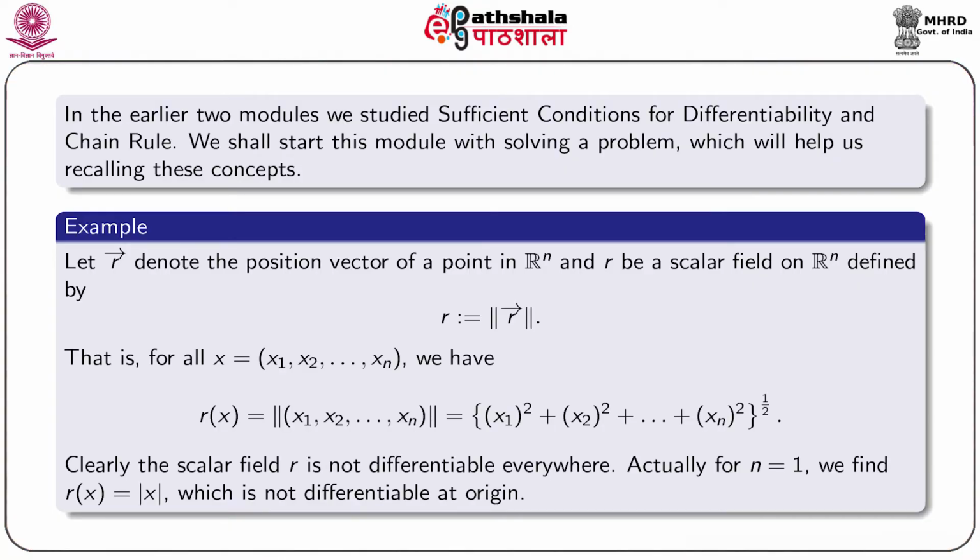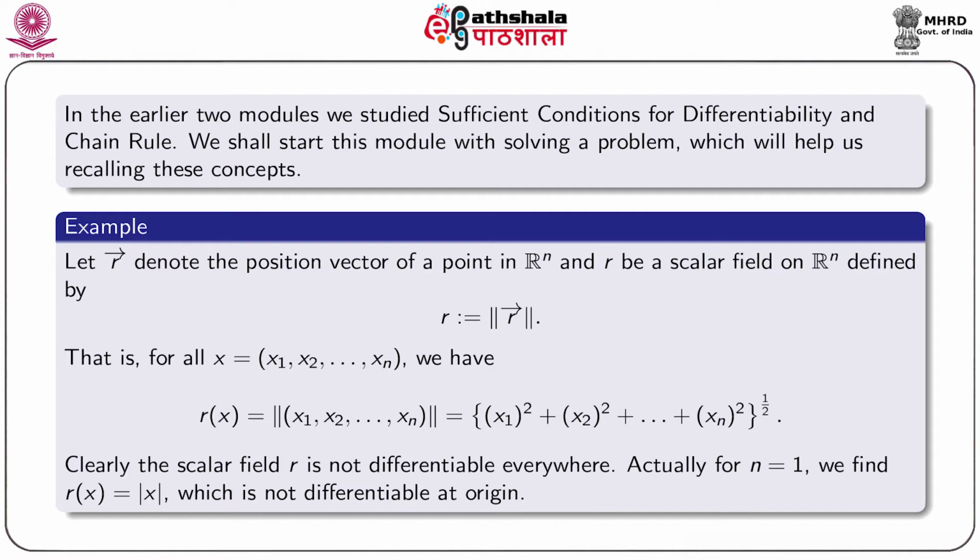First of all, let us state the problem. Let vector r denote the position vector of a point in Rn and r be a scalar field on Rn defined by r equal to norm of the vector r. That means, if we consider a point in Rn, then r is the scalar field which gives me its distance from origin.